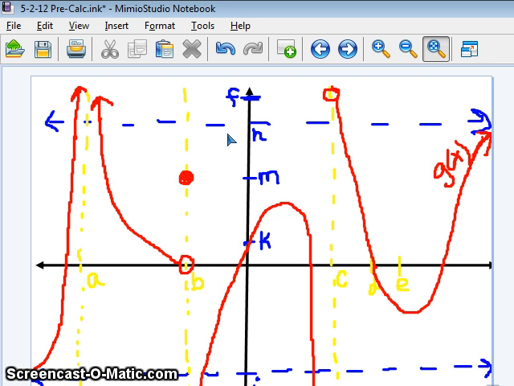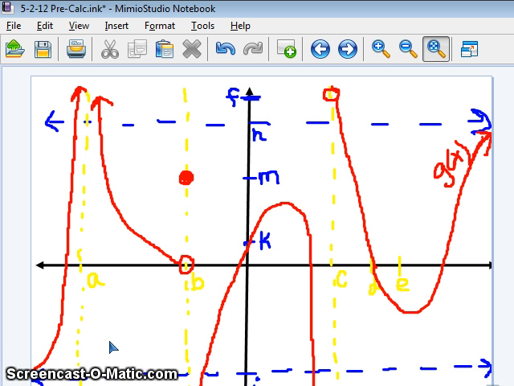But if you look at our function, it says, what is the limit of g of x as x approaches negative infinity? What's going on down here as we go towards negative infinity?